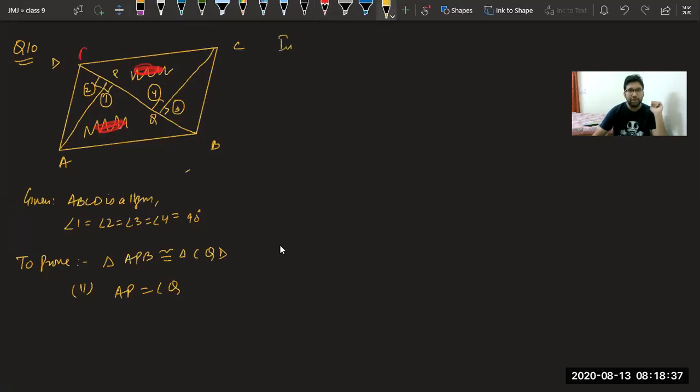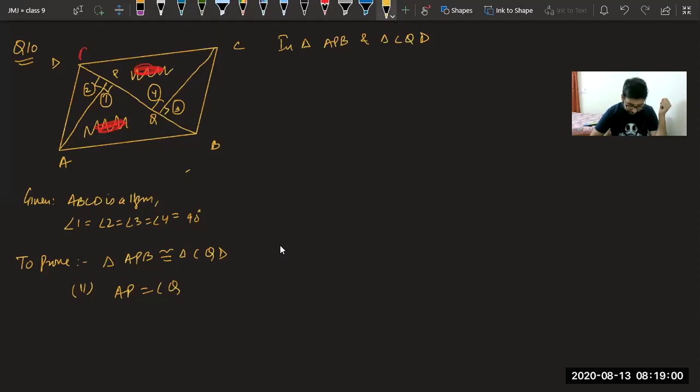So in triangle APB and triangle CQD, all of you, please give me the first thing which is given to us. Tell me the first thing in triangle APB and CQD which is given and equal. Piyush says 90 degrees, Utkarsh says 1 and 4.